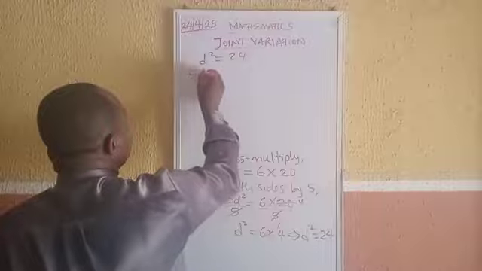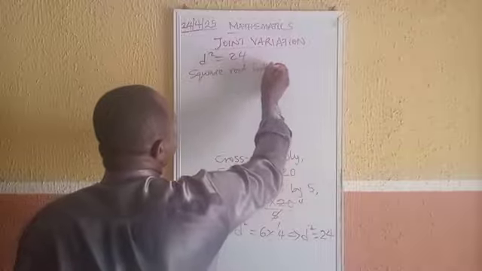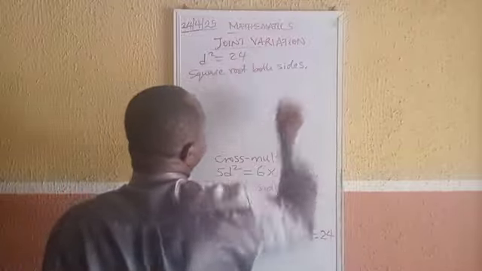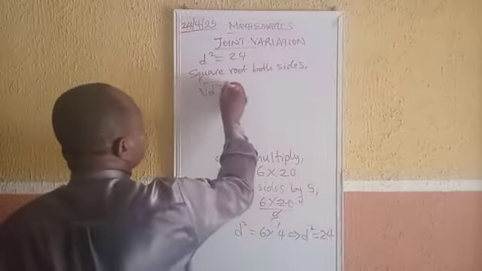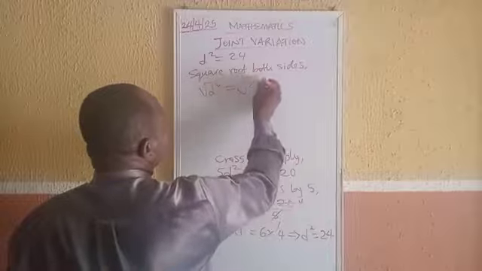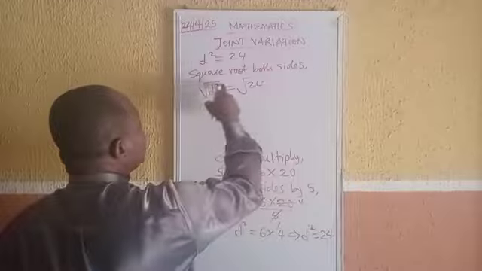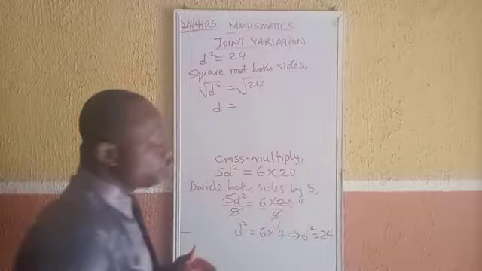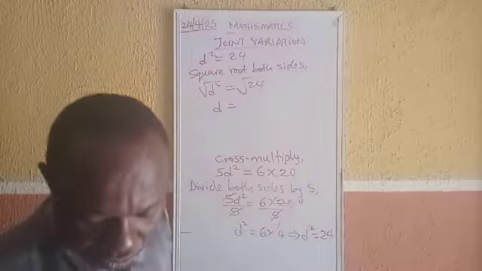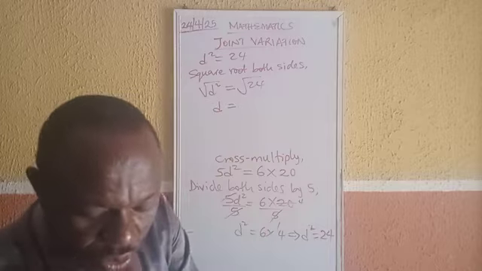So we square root both sides. When we square root both sides, we now have square root d square equals square root 24. The square root will cancel the square, leaving d. The square root of 24, you can use a calculator to check that out, or your 4-figure table.